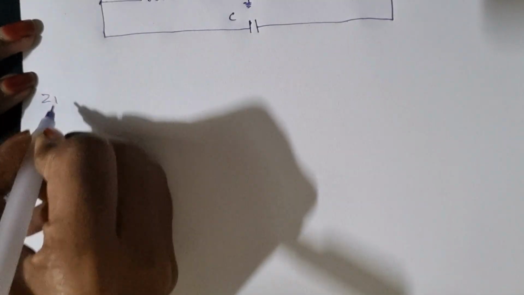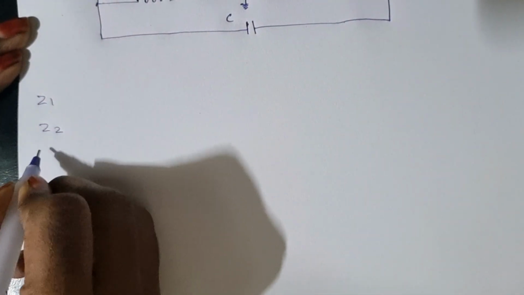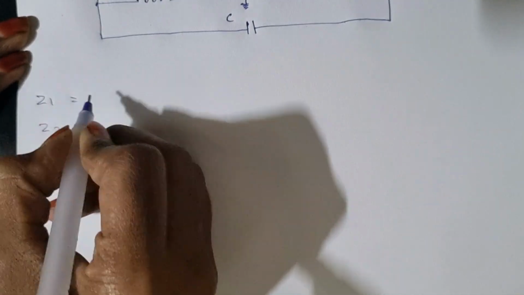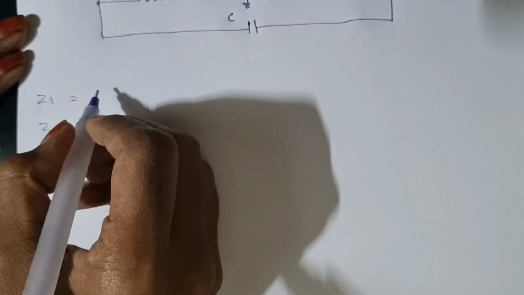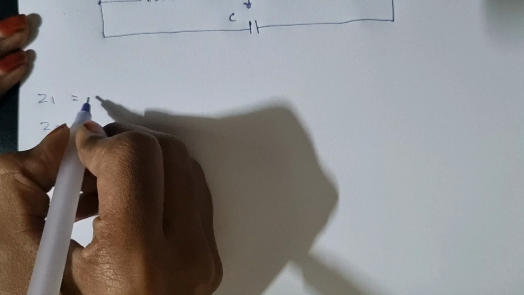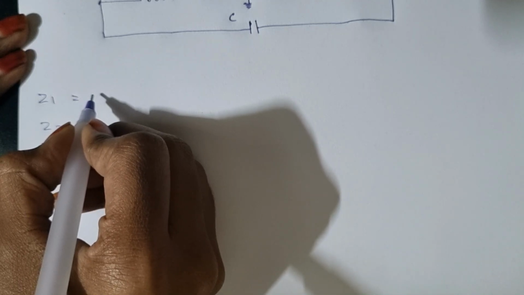So coming to the derivation part, we're going to consider this in the j omega domain. So Z1, Z2, Z3. Z1 is the inductor L1, which we represent in j omega format.